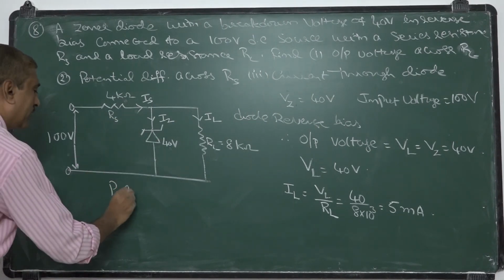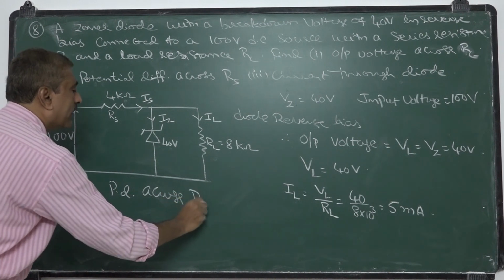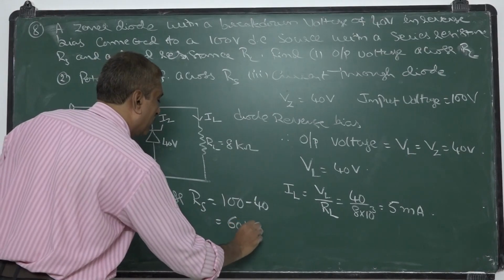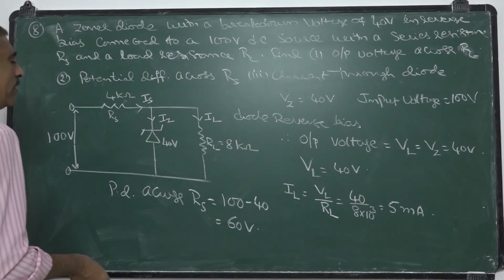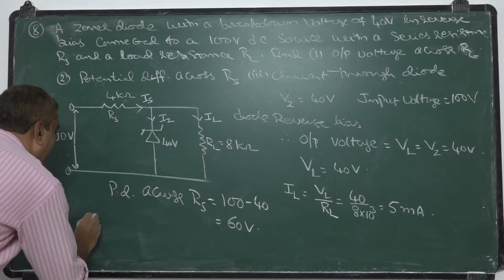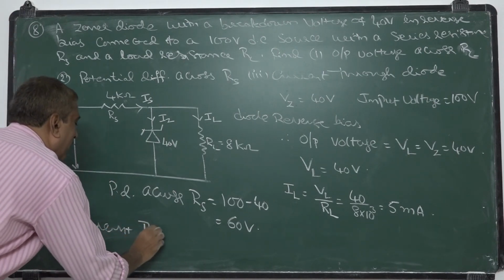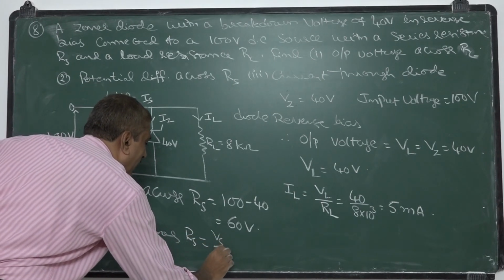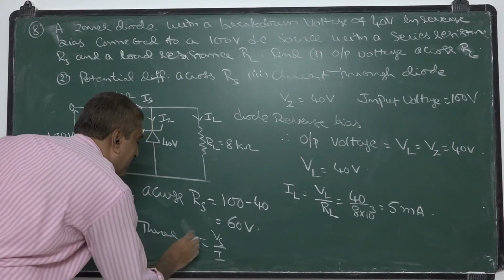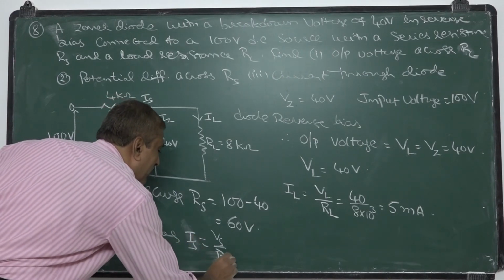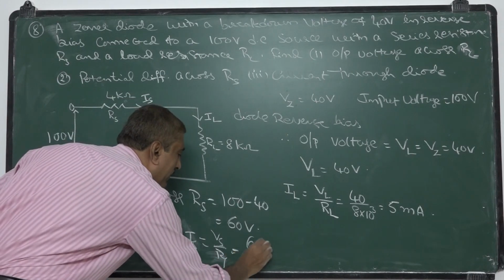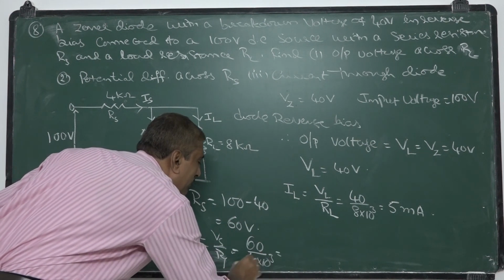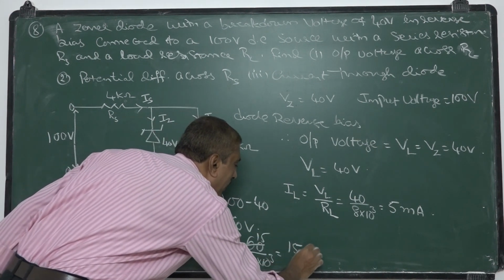So potential difference across RS is equal to 100 minus 40, that is 60 volt. Okay. Now current through this RS, Is is equal to Vs by RS. So Vs we got 60 divided by 4K, 4 into 10 power 3, that is 15 milliampere.